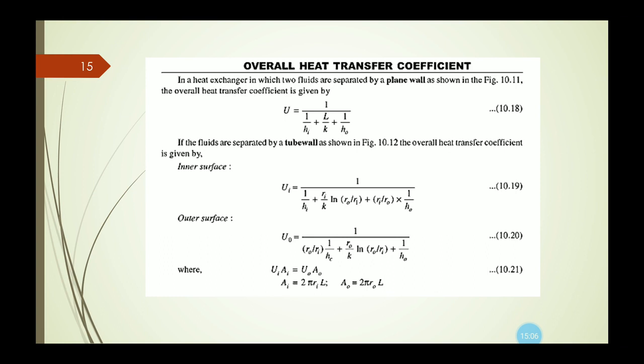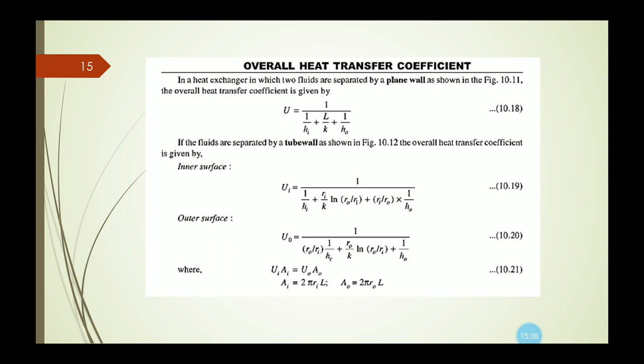Now if the fluids are separated by a tube wall, then the overall heat transfer coefficient for the inner surface is Ui equals 1 by Hi plus (Ri by K) ln(Ro by Ri) plus (Ri by Ro) multiplied by 1 by Ho. Similarly, for the outer surface there is a corresponding mathematical representation of the overall heat transfer coefficient.